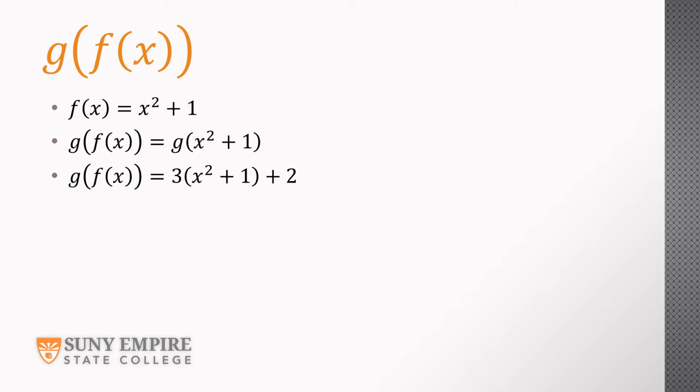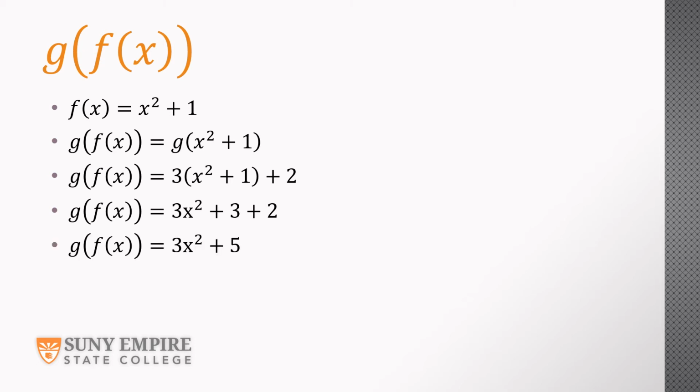We have 3 multiplied by the quantity x² + 1, plus 2. Distributing, we have 3x² + 3 + 2. Simplifying, g(f(x)) equals 3x² + 5.